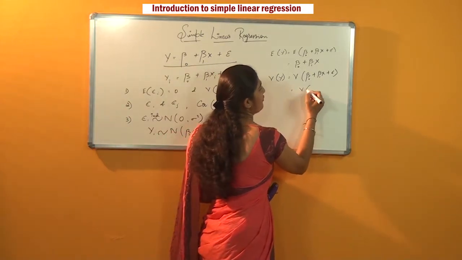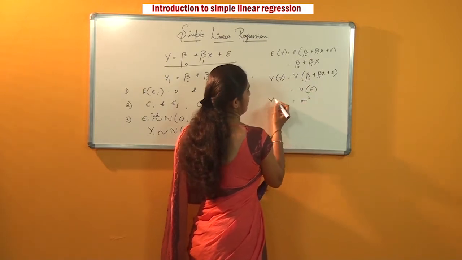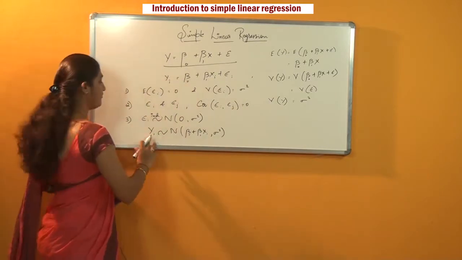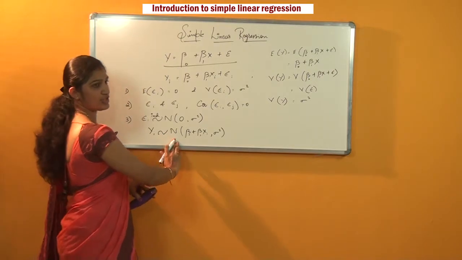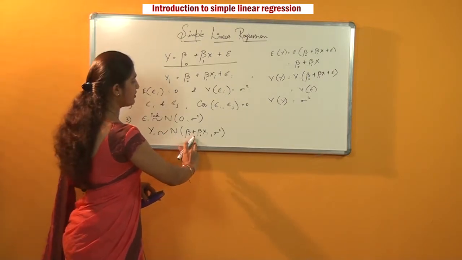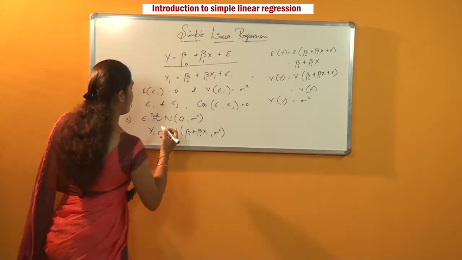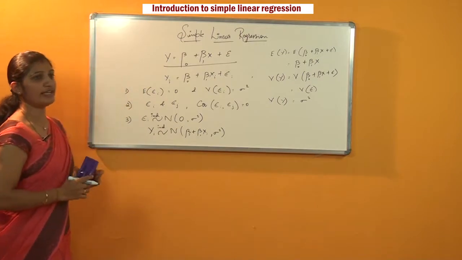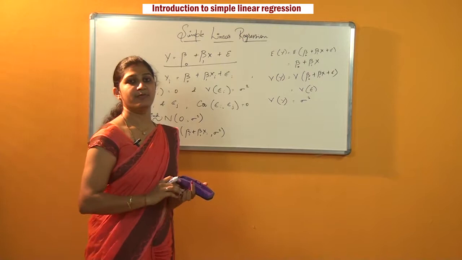So variance of y, that is yi, the ith observation, follows normal distribution with mean beta naught + beta 1 xi and variance sigma square, which is independently distributed since y is a random variable.